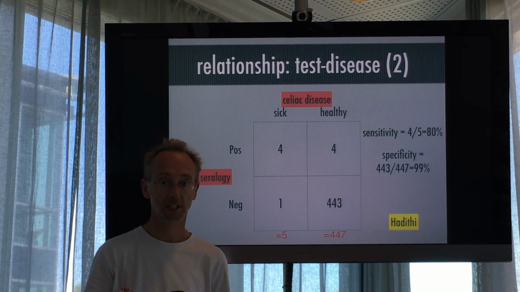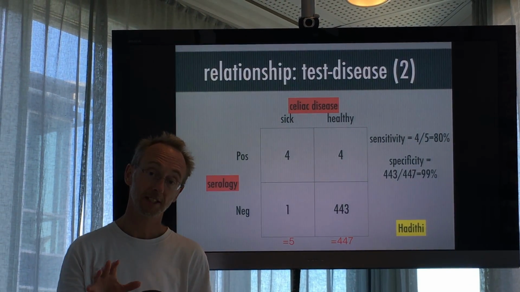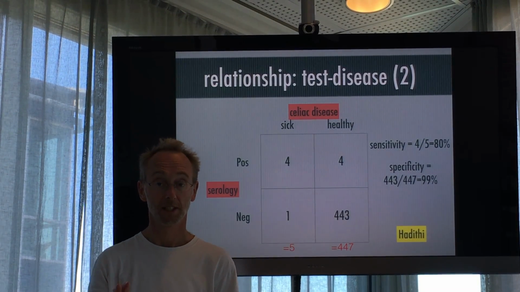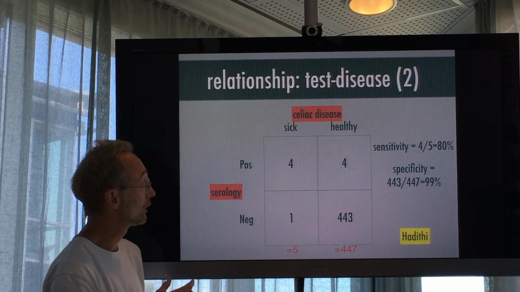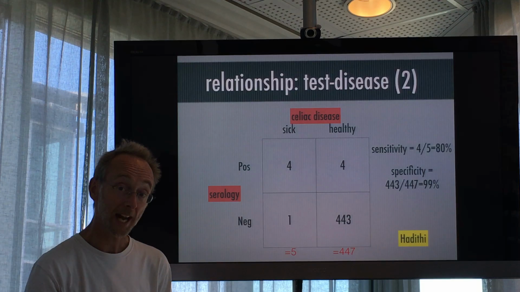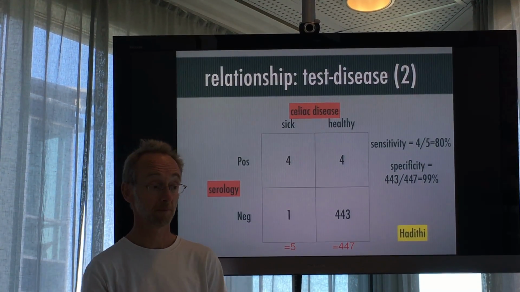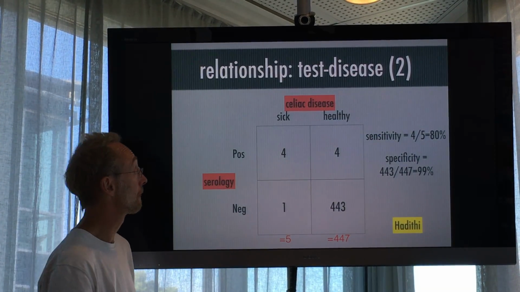We use this table, this 4-cell table, to calculate sensitivity and specificity of a test. Sensitivity is the proportion of sick people who are actually identified through a test, the proportion of illness which is caught by the test.